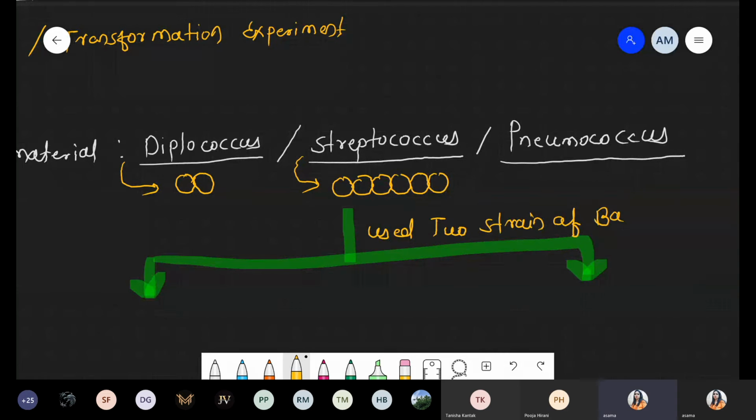What is the meaning of strain? Like subspecies, like a variety. In the case of bacteria, we use the term strain for subspecies. Strain is specifically used in bacteria. Subspecies is used in animals. Variety is used in plants.